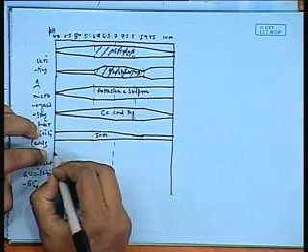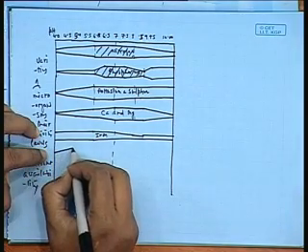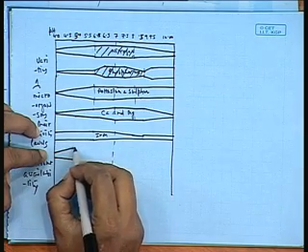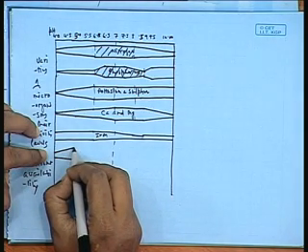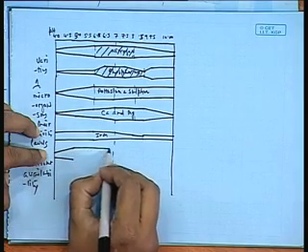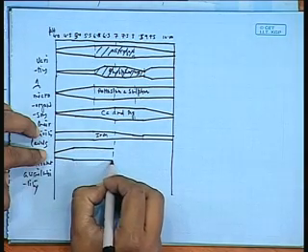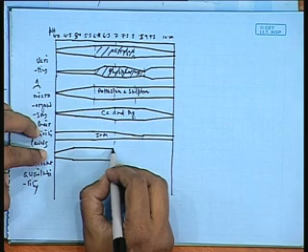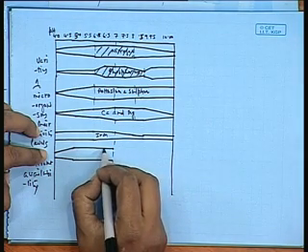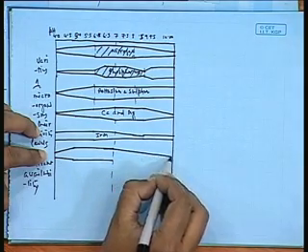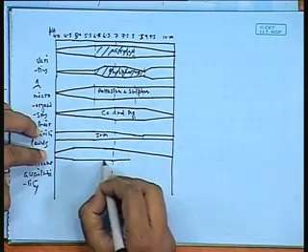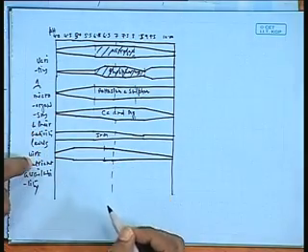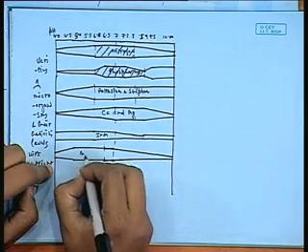Okay, let me draw the manganese one. The manganese stays like this, manganese is like this. Okay, so this is manganese. There are a few more.